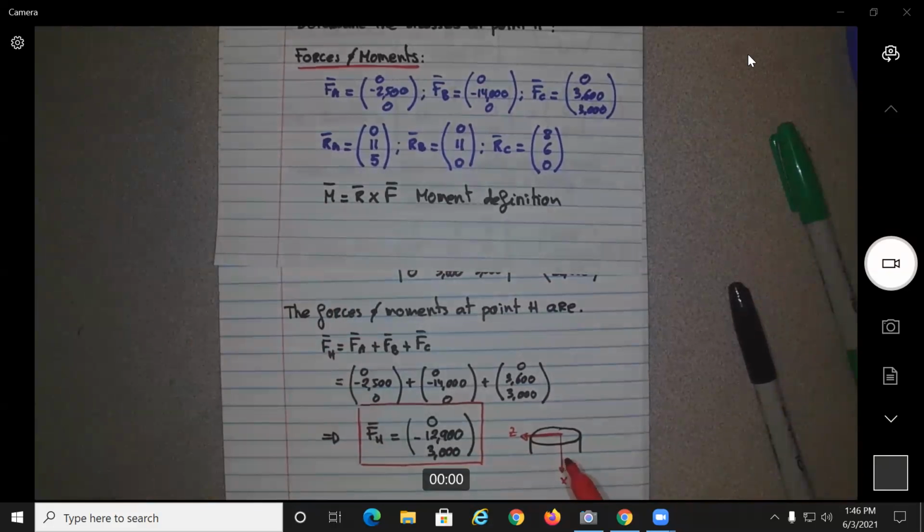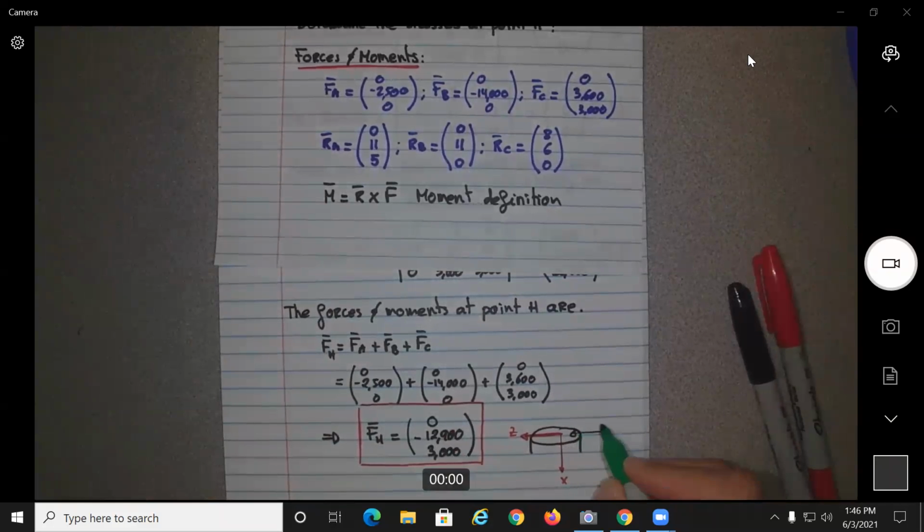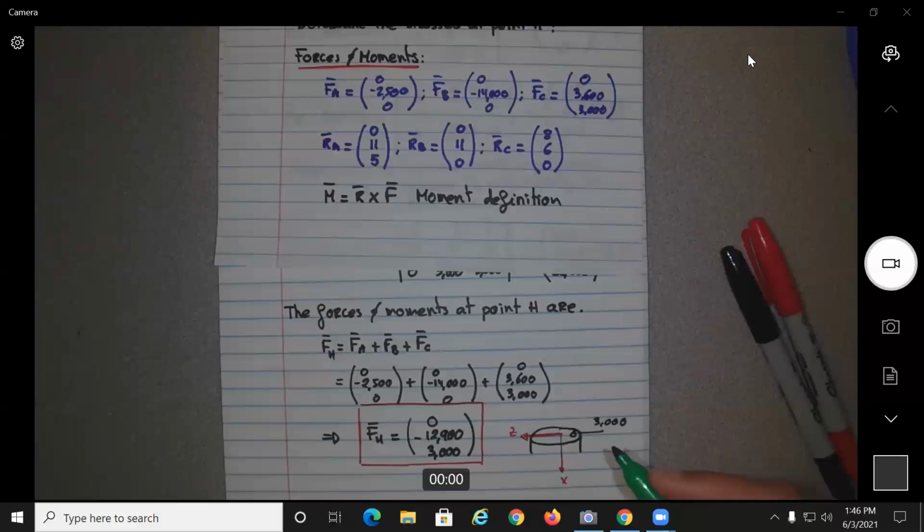You will have no force on the X. You will have a 3,000 on the Z, and you will have a minus. So you have here a going down 12,900, and point H will be somewhere over here.